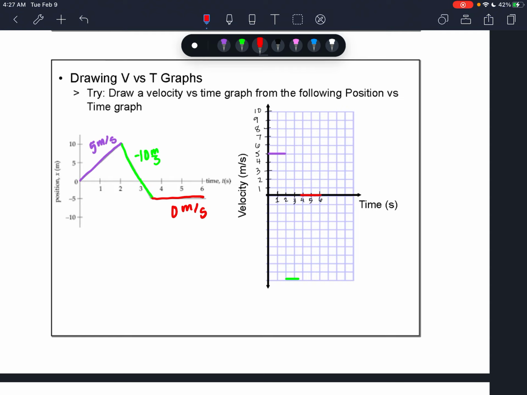I'm going to connect each of these segments with a dotted line. Voila. I could make that a little bit neater. Voila, beautiful. And that is my velocity versus time graph.